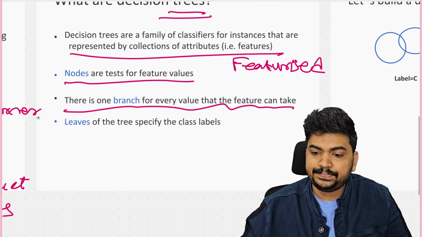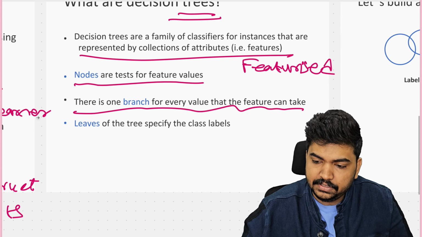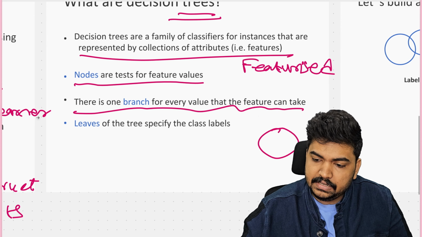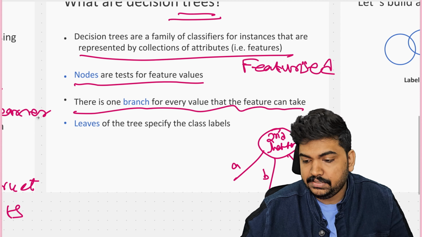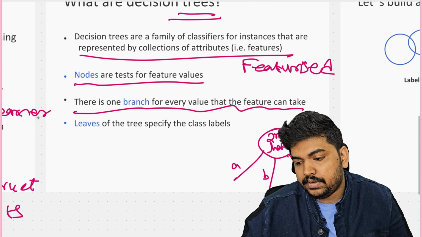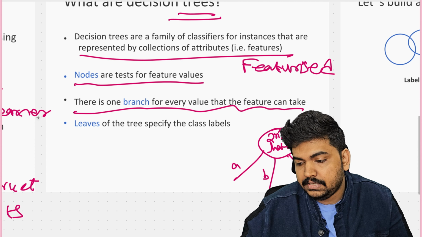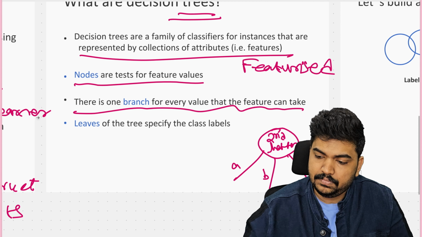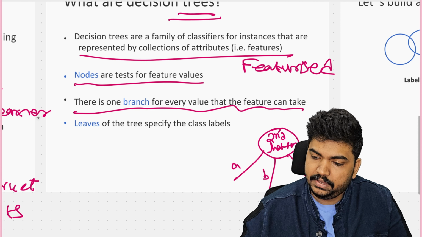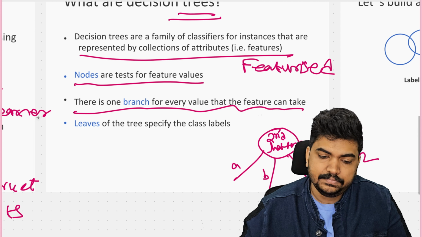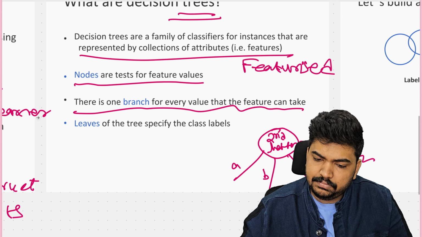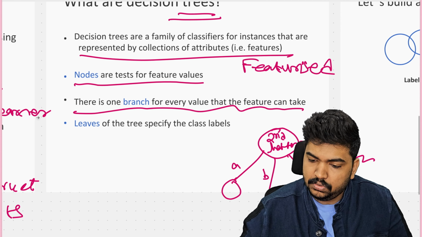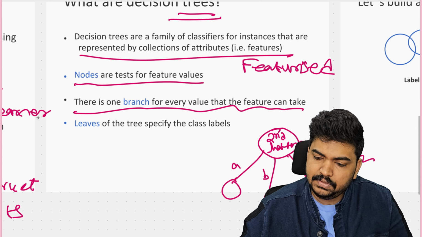So let's say the second letter is the feature, and I can do an edge or a branching for everything from A, B, C to Y and Z. Now maybe we will build more nodes depending on other features. We will come to that later.